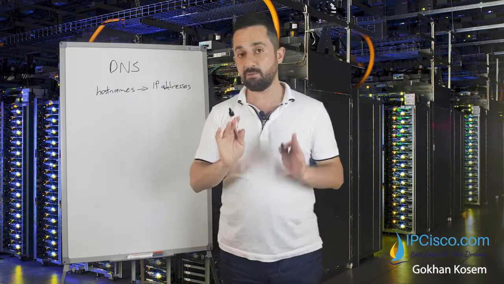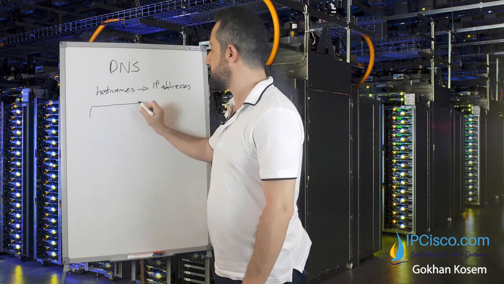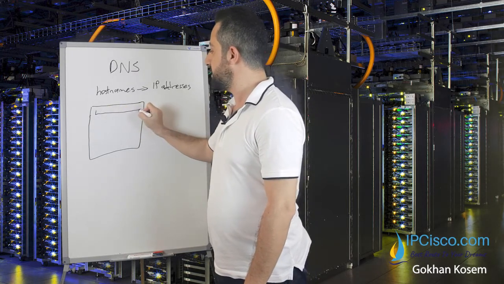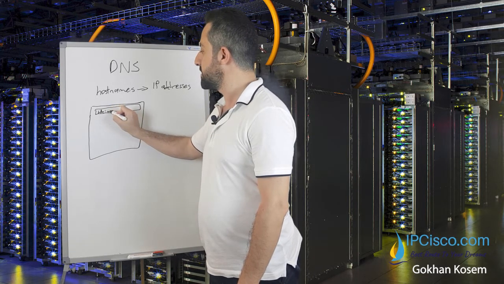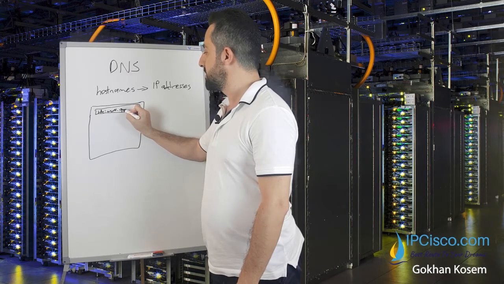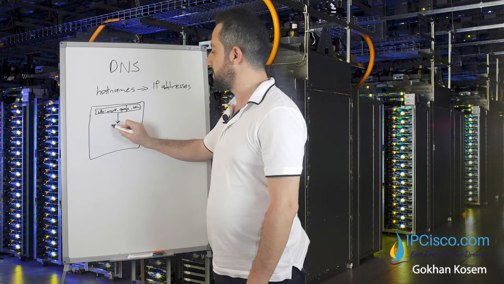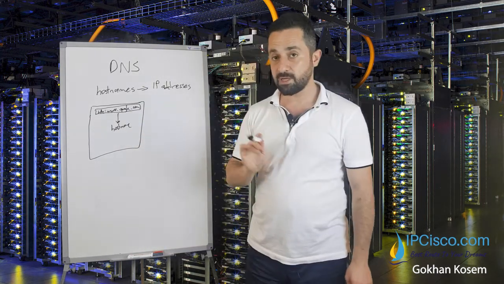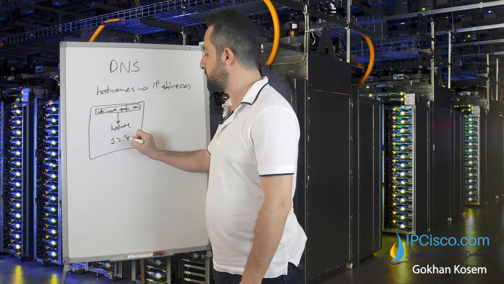Think about that. If you are going to a website on your browser, here, this is your browser screen, and here you are writing www.google.com. This is the host name. But at the backplane, Google has an IP address, for example, 1.2.3.4.